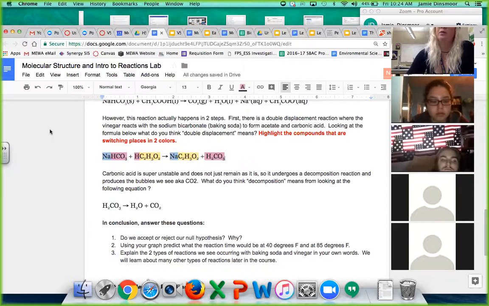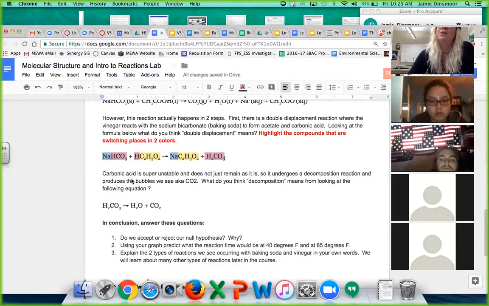So the only reason I would say to highlight like this is so that you can trace what is happening. Where are the elements going? So carbonic acid is this guy right here, our H2CO3. That is a new acid that is formed, right? We take one H from our vinegar, it combines with the bicarbonate part of the sodium, and it actually becomes an acid.